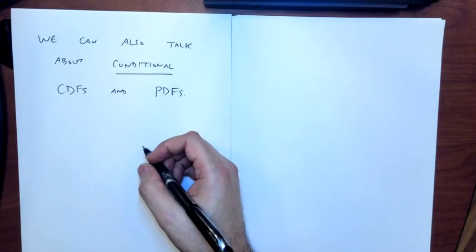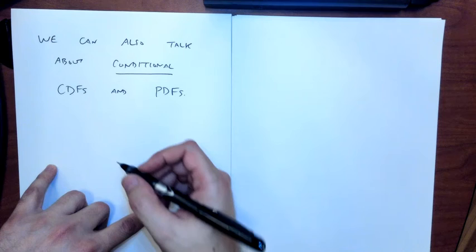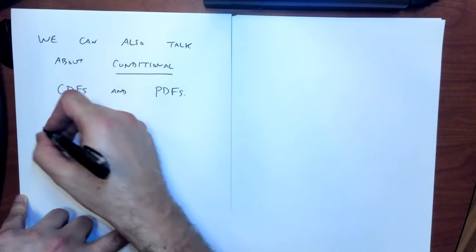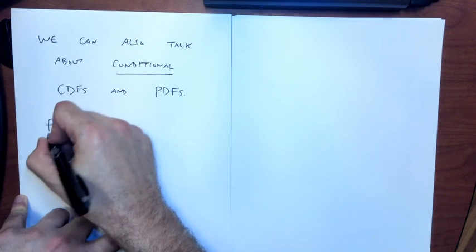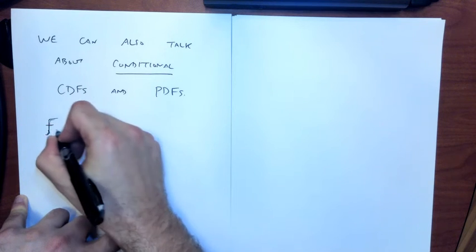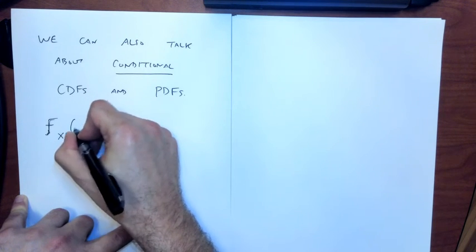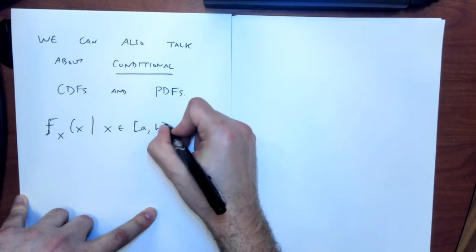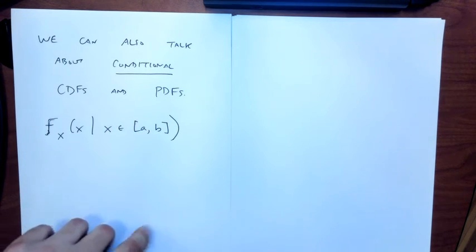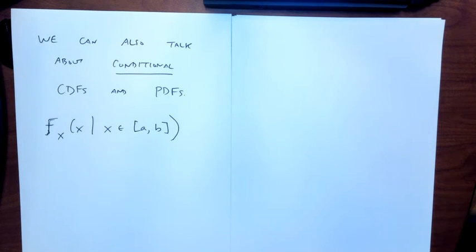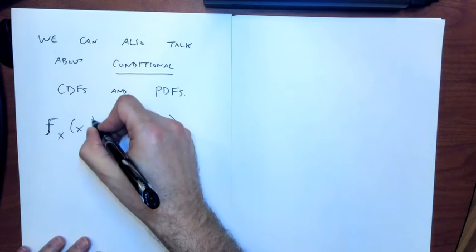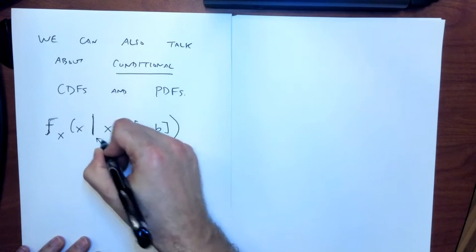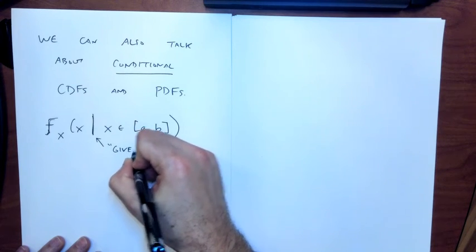For example, I could say I want to know the PDF of x given that x is in some range, okay? So I'm giving you some side information, and that changes the way the PDF should look. So we use the same kind of little bar, and the way I read this is kind of like given.